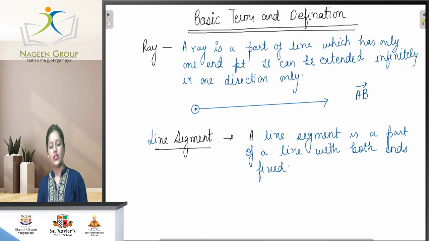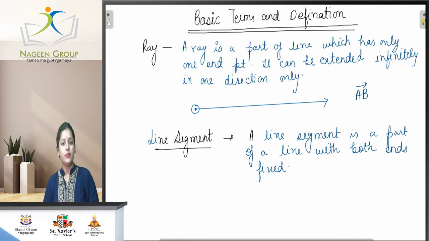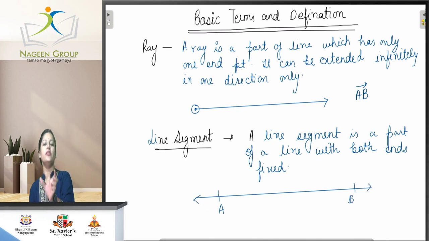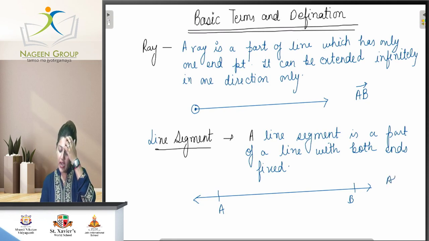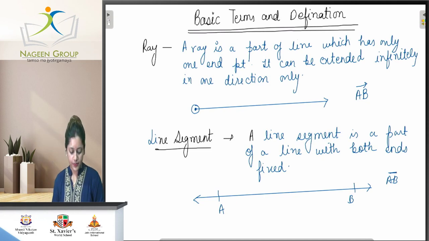So what have you learned? A line has no end fixed, a ray has one end fixed, and a line segment has both ends fixed. This is a line segment, AB. It is fixed between A and B. So AB is a line segment.